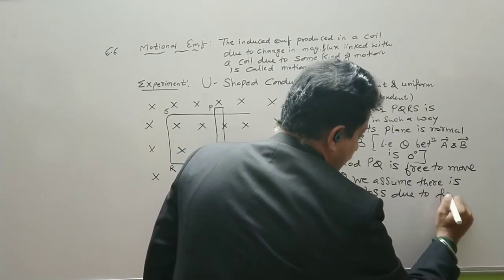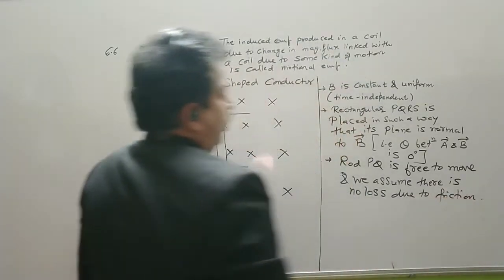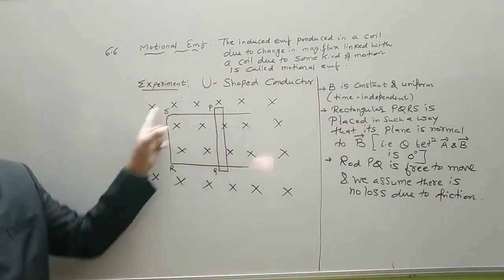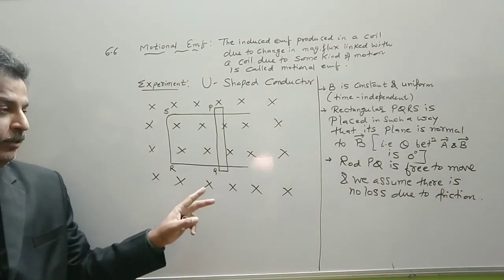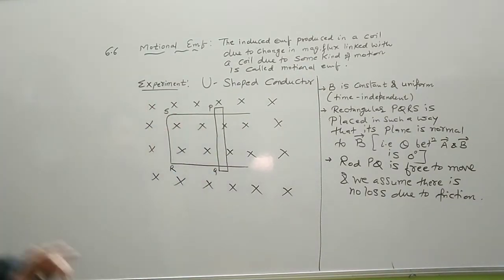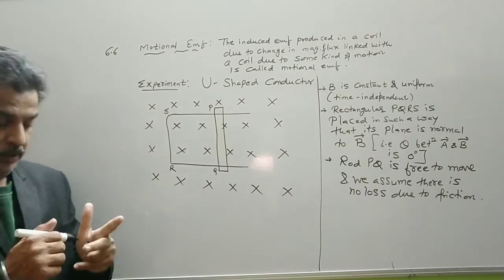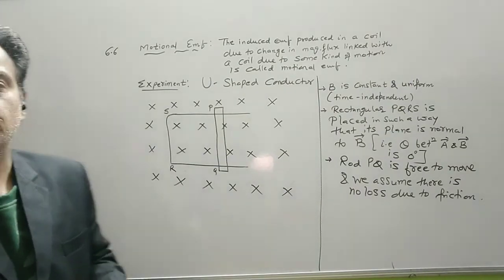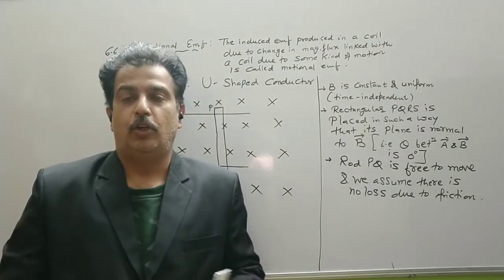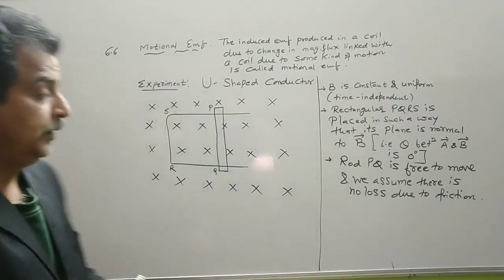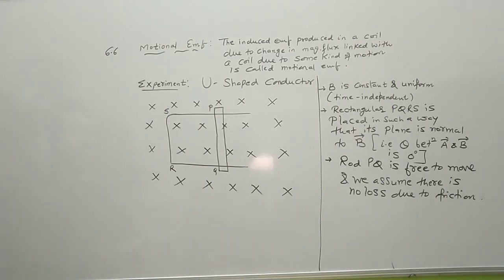So we assume it is moving on the U-shaped frame, which is frictionless. So no loss of energy, because when we study induced EMF or Lenz's law, the law of conservation of energy is obeyed. So assuming there is no friction loss.